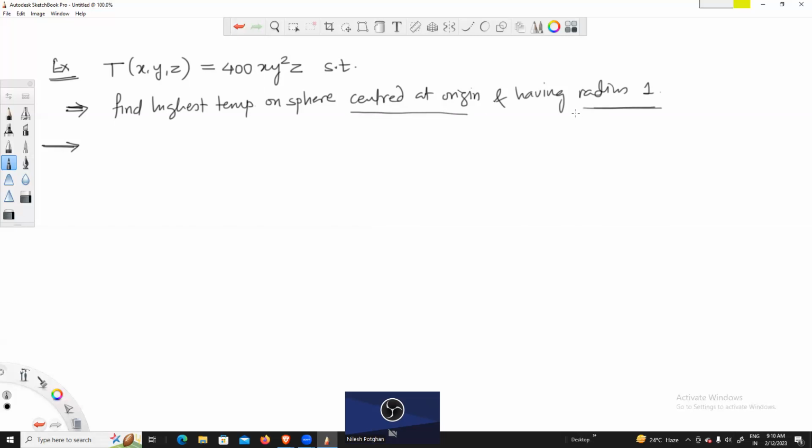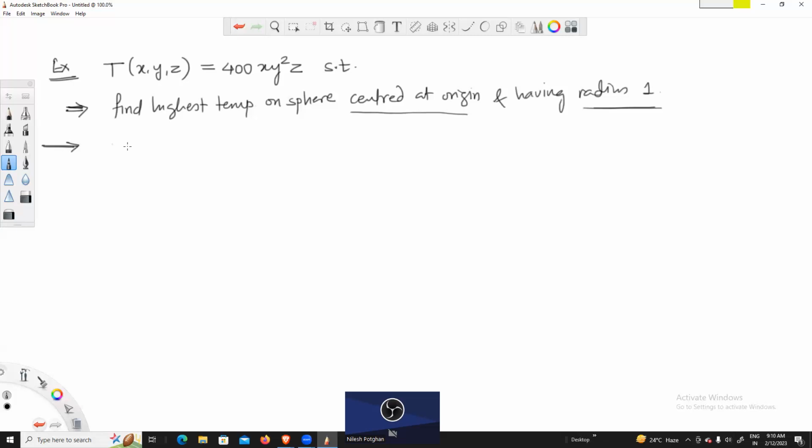So you cannot leave the surface of the sphere. You have to walk on the spherical surface and find the highest temperature position and the value of this highest temperature. You cannot walk away from that spherical surface and say that here the temperature is maximum. You have to follow this constraint that you have to walk on the sphere itself.